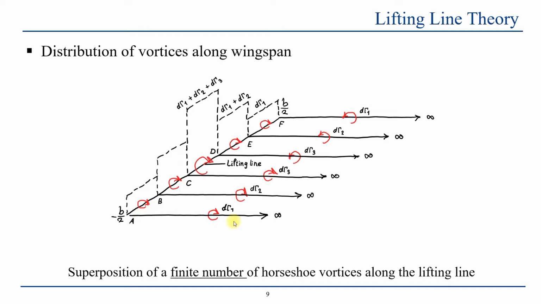So as you see, we have one that is going from span to span, then another one that is continuing a little bit inside the wing, and the third one, and we can increase these numbers as many as we want.